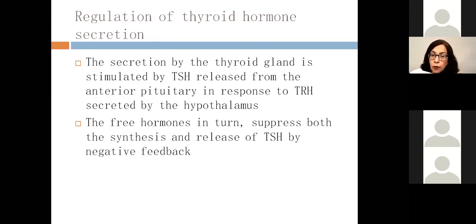Regulation of thyroid hormone secretion. How is it regulated? Any form of stress or any cold or anything which is felt by the brain centers gives the signal to the hypothalamus. The hypothalamus secretes a substance which is called TRH, the thyrotropin releasing hormone. This TRH acts on the anterior pituitary to cause the release of TSH, the thyroid stimulating hormone. This TSH acts on the thyroid gland to cause the secretion of thyroid hormone.